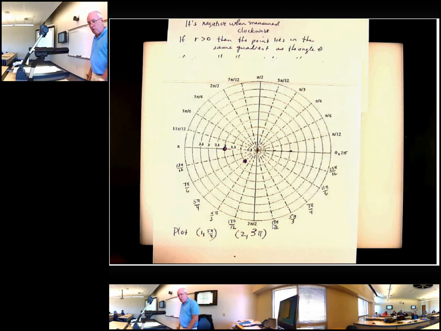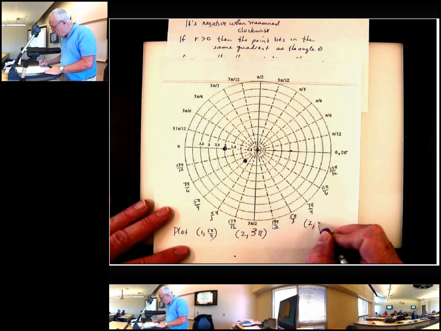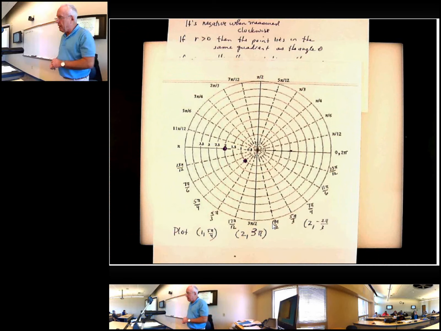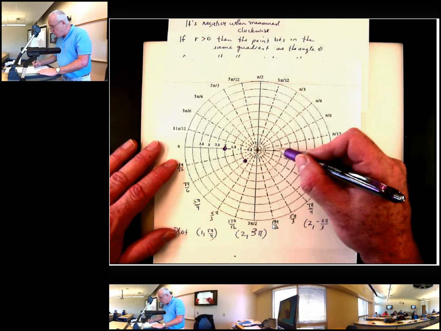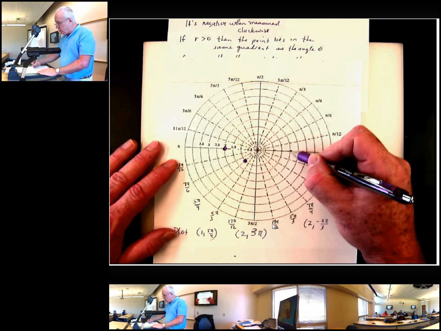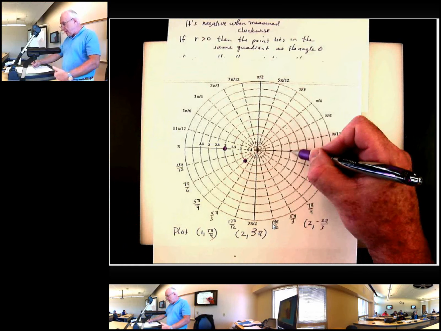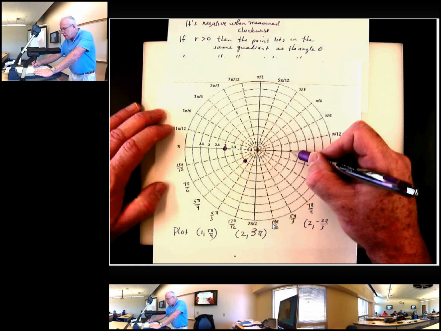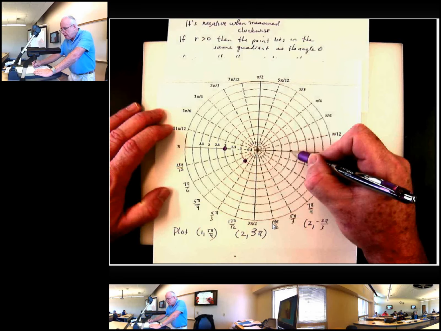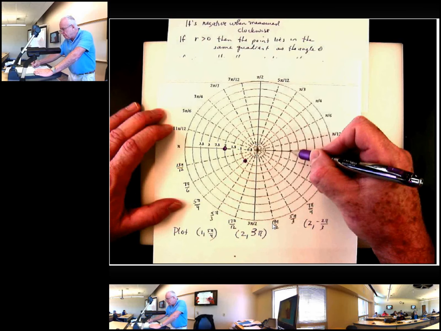Okay, now let's look at a negative angle. Let's look at plotting 2, minus 2 pi over 3, or minus 2/3 pi. Again we get to 2, 1/2, 1, 1.5, 2. So here's 2 out. Now we're measuring the angle negatively, so we have to go clockwise. Minus 2/3 pi: I don't see a minus 2/3 pi on here.